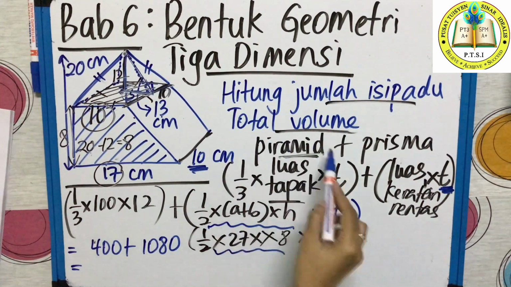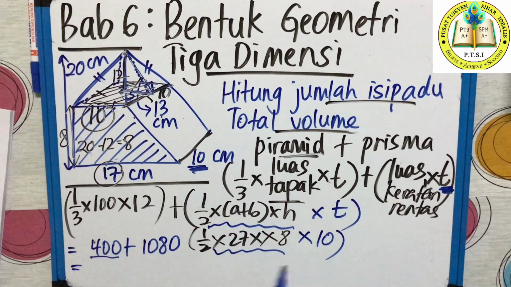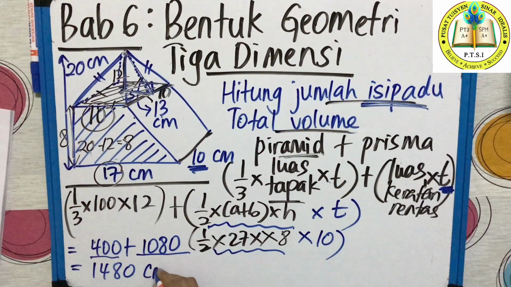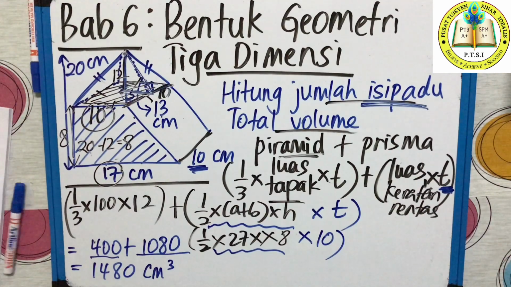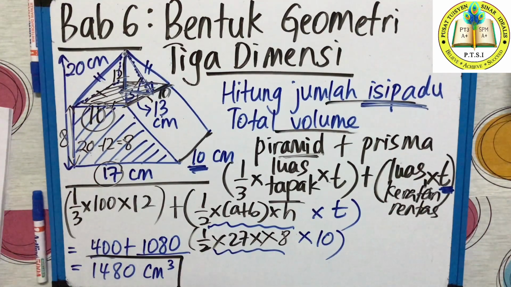So volume for pyramid 400. Volume for prisma 1080. Both you plus, you get 1480. 1480. And they ask isi padu. What is the unit for volume? cm cube. Jelas kelas? 1480 cm cube. So this is your final answer.